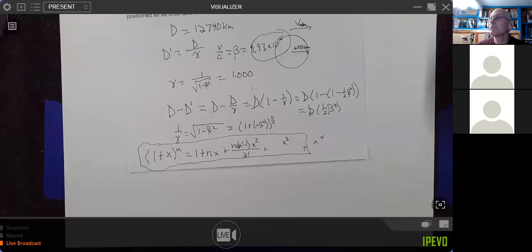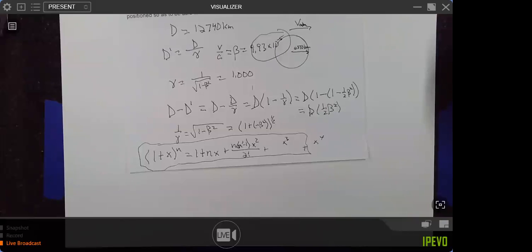Let's see. I think I'll switch over to the visualizer. And I don't remember if Thursday we finished this problem off, or did we just get partway into the binomial expansion and have to stop?